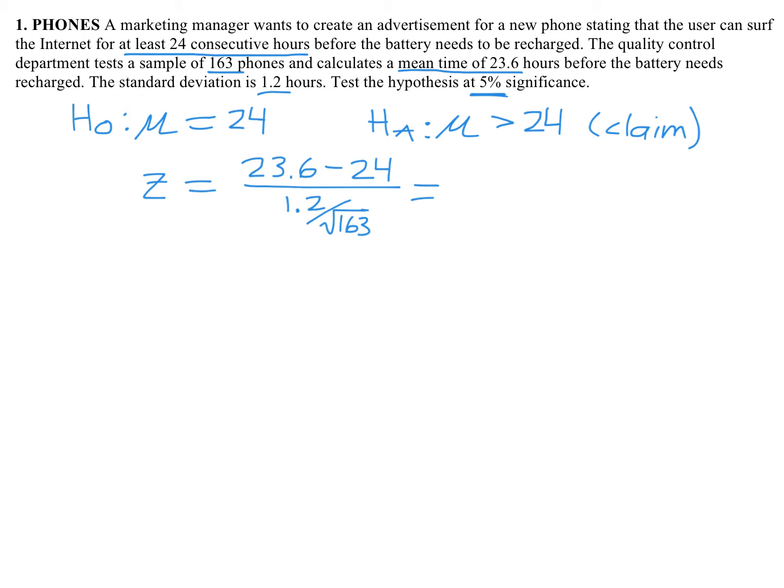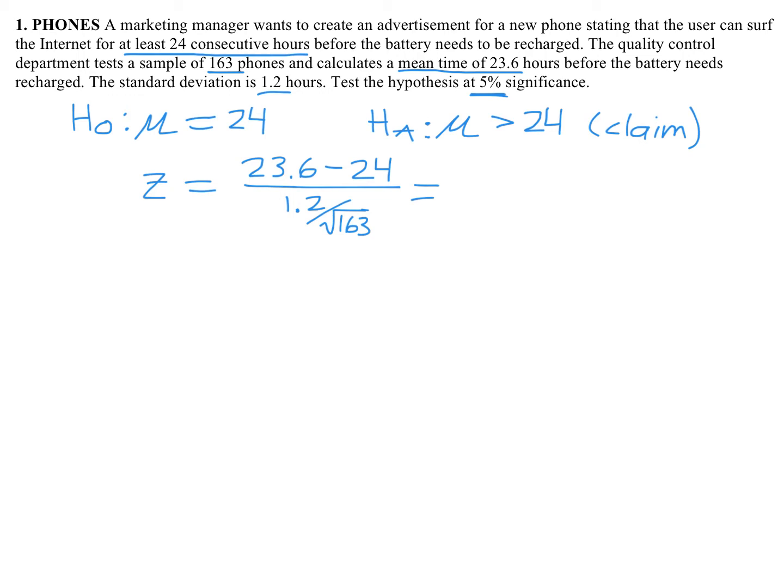And the way you could check that with the program on your calculator, you could go to Stat, Tests, and it's the first option, Z-test. All right, for input, you want to choose stats. Data would be if they gave us a long list of numbers. And that would have taken a long time because in this case, there were 163 phones in the sample. So it's a good thing they didn't give us data or we would have had to enter 163 numbers.